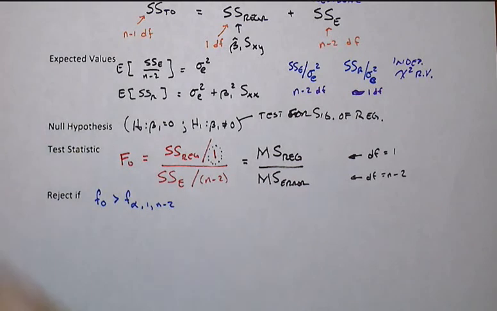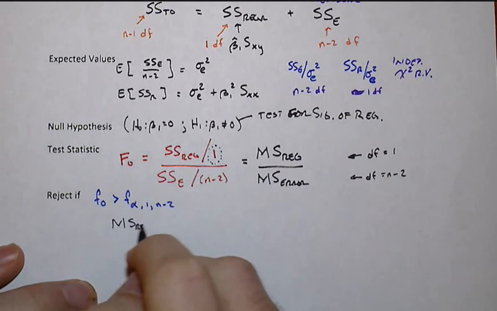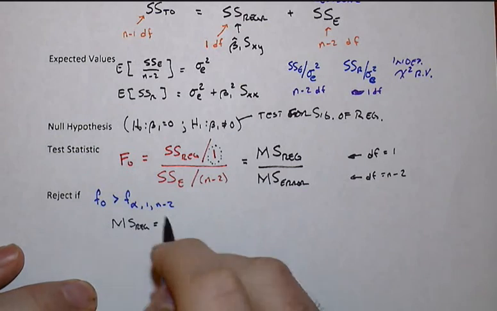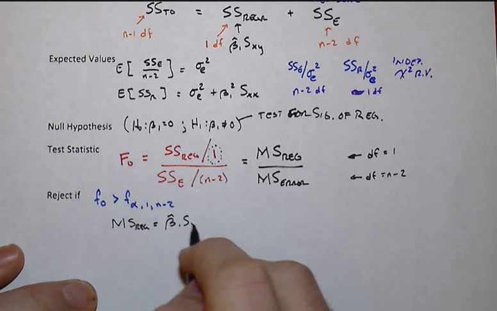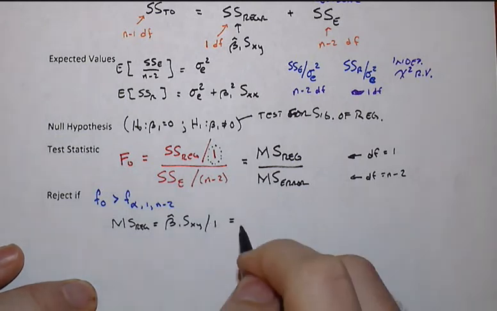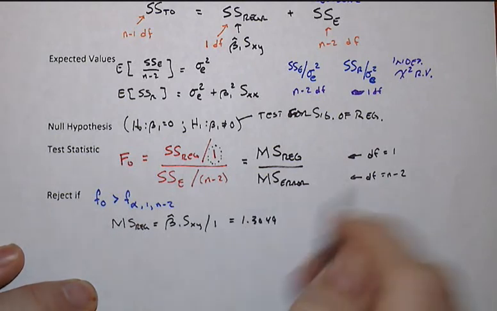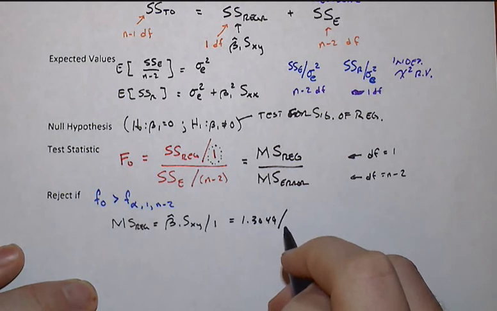We get out there in the tail, our calculated values are that MS reg is equal to beta hat 1 SXY divided by 1, and for our aquifer data, that's 1.3049 divided by 71.6.